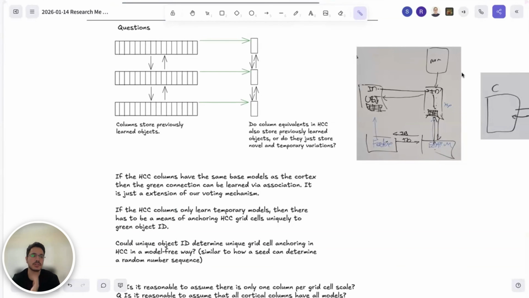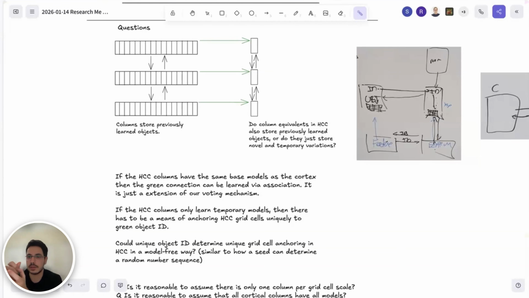I have a question. When we have a temporary arrangement of some features, these are happening in the hippocampus or the hippocampal complex. Is there an equivalent of a motor output from there?